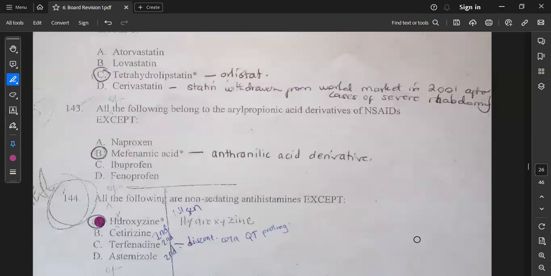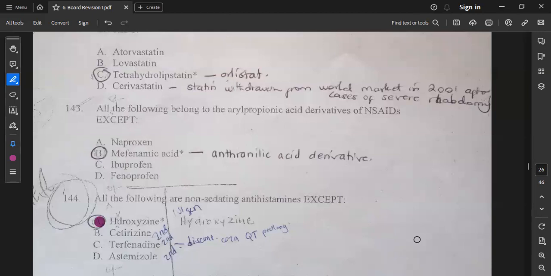Then, under the non-selective COX inhibitors, we have the para-aminophenol derivatives like paracetamol, then the salicylates like aspirin, the propionic acid derivatives like ibuprofen, ketoprofen, naproxen, then the fenamates like mefenamic acid, the enolic acid derivatives, piroxicam, tenoxicam, then the acetic acid derivatives like ketorolac, indomethacin, then the pyrazolone like phenylbutazone.